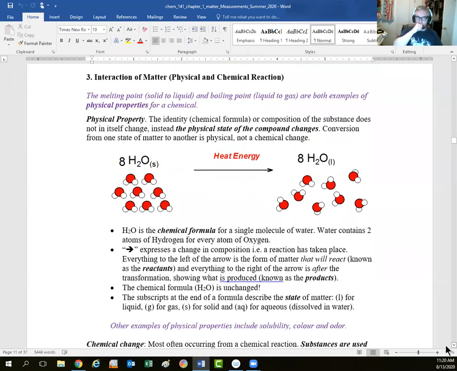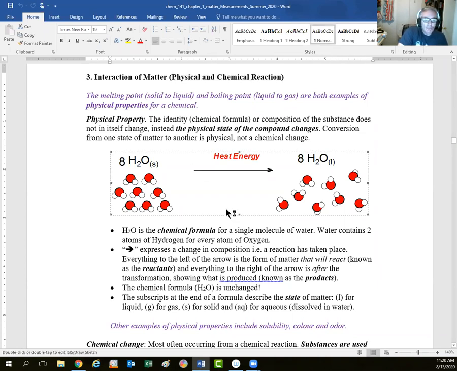Next piece. Just emphasizing the kinds of reaction we get in chemistry, which mainly falls into two basic classes. We sometimes talk about physical reactions and sometimes talk about chemical reactions. So a physical reaction is just one of those changes in state that we've been talking about for the last 20 minutes.